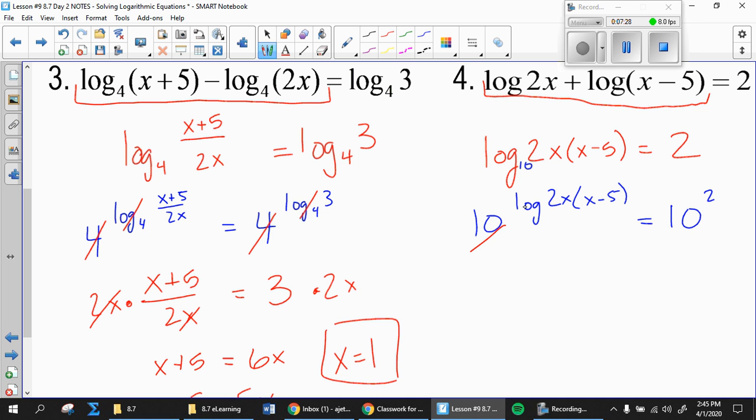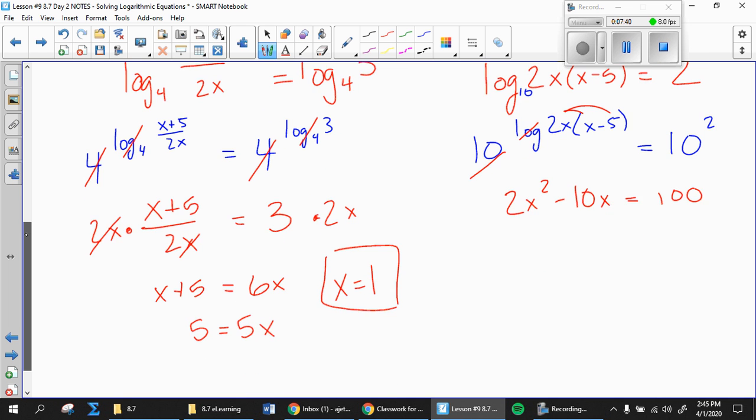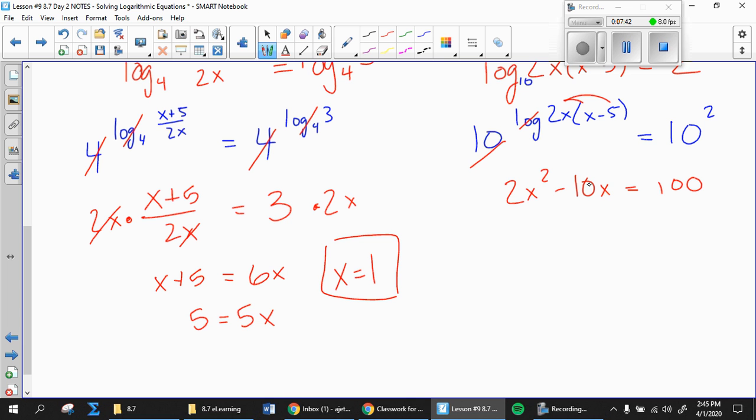So these cancel. I'm going to go ahead and distribute this in. So we get 2x squared minus 10x equals 100. Now all this is a quadratic, and so again I'm just going to get everything to one side and I'm going to solve from there. So we get 2x squared minus 10x minus 100.